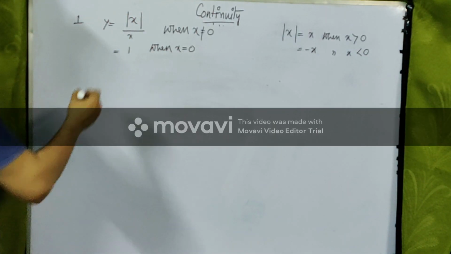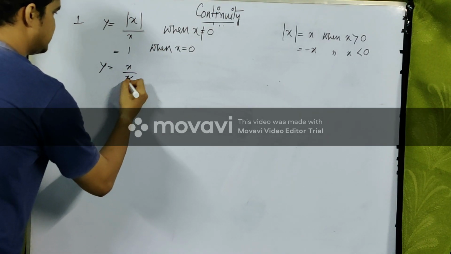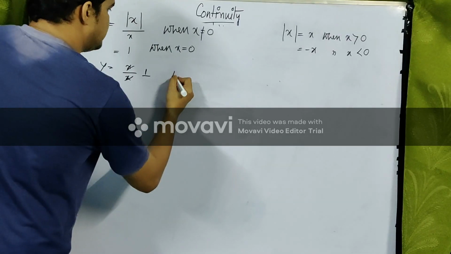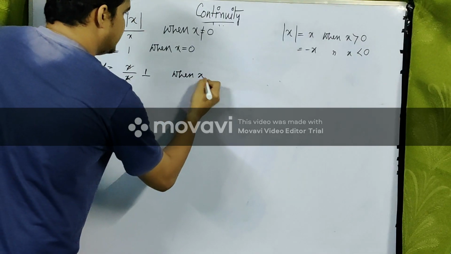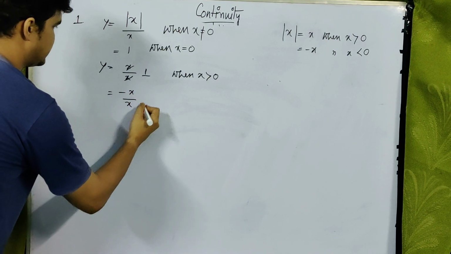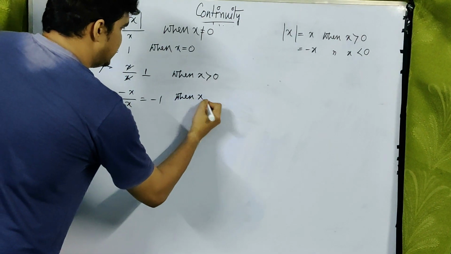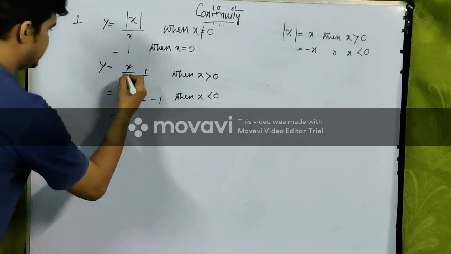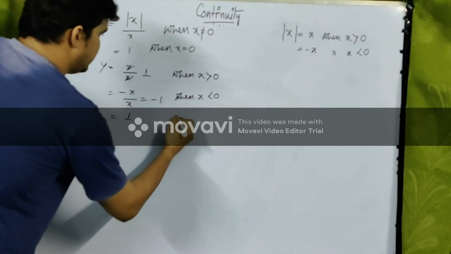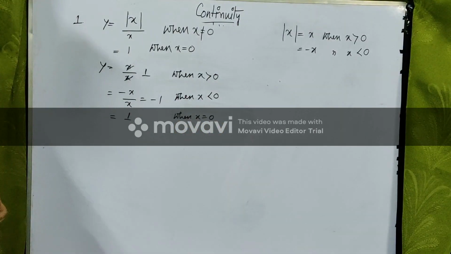If we redefine it, it will look like this: y equals x by x, that is equal to 1 when x is greater than 0; y equals minus x by x, that is equal to minus 1 when x is less than 0; and it is equal to 1 when x equals 0. So this is the definition of the function y equals f(x).